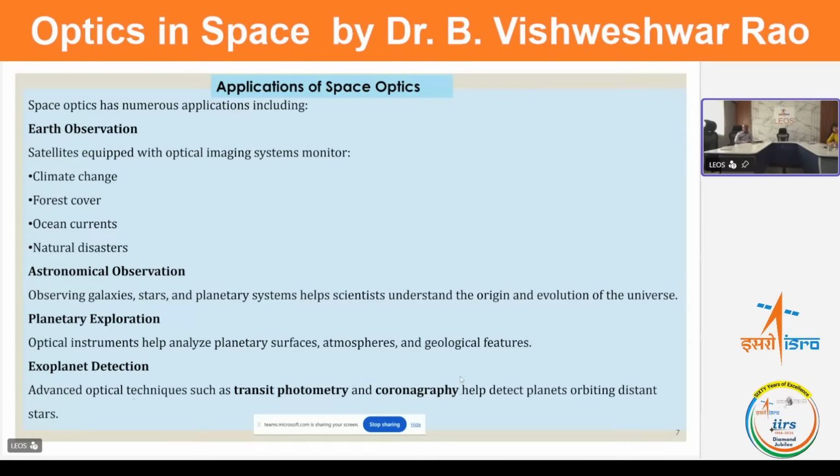Recently, we had the launch of Aditya L1, which was aimed at coronagraphy to detect our star, the Sun, through coronagraphic imaging. What are the features of the Sun's corona? It was detected in Aditya L1.